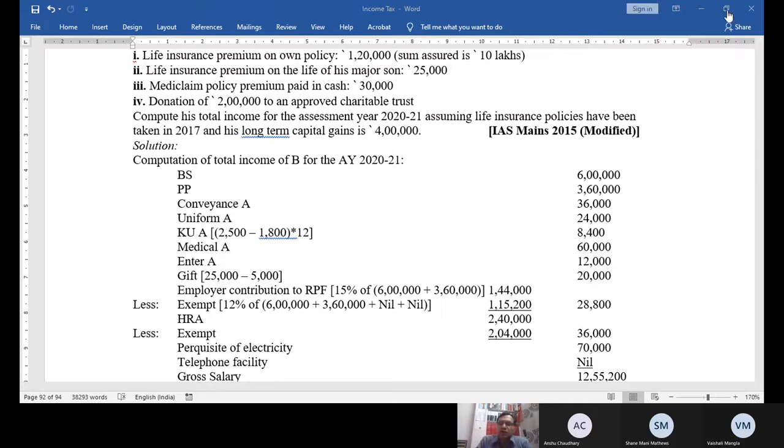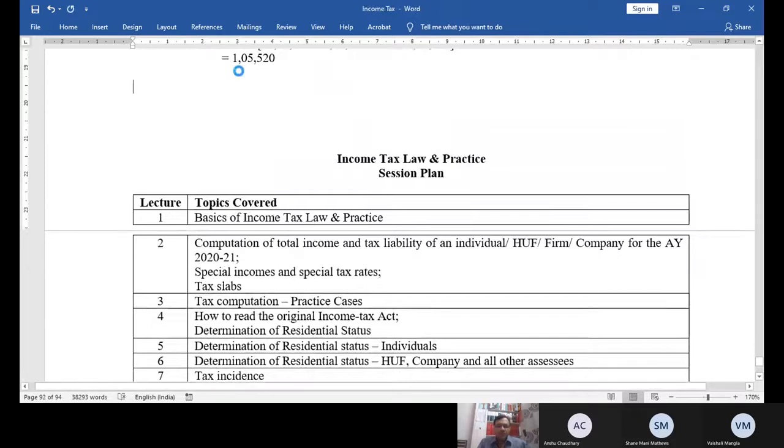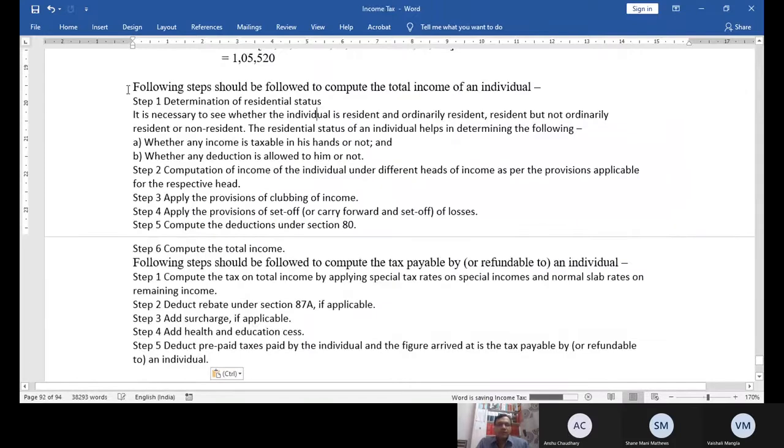Assessment of individual is also over. Just to tell you what factors you should remember, you should follow the following steps. Please learn those. It will help you a lot. First, you compute the residential status.